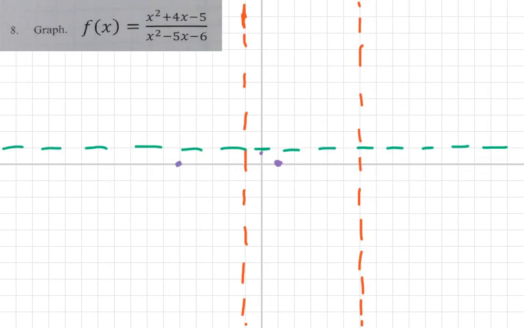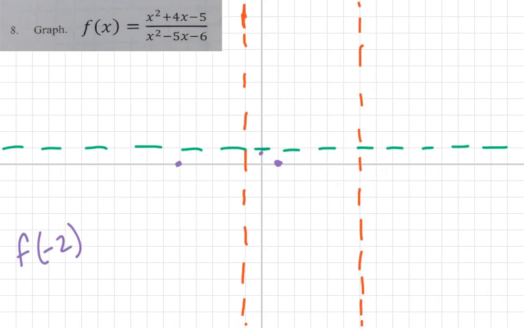Okay, so when I determine other points to plot, I already got 2 in between here. I might want to get maybe -0.5 just to really feel like I know what's going on with this function. But I might want to get another value. Let's try f of -2.